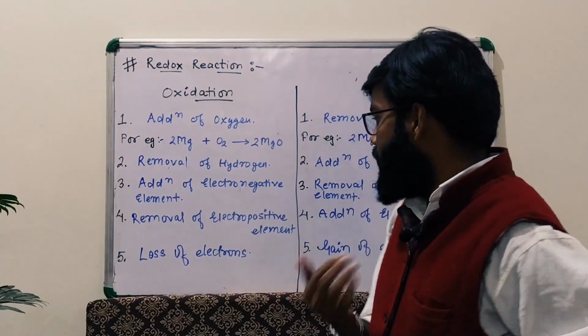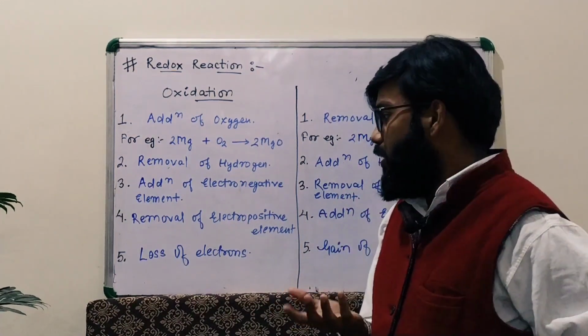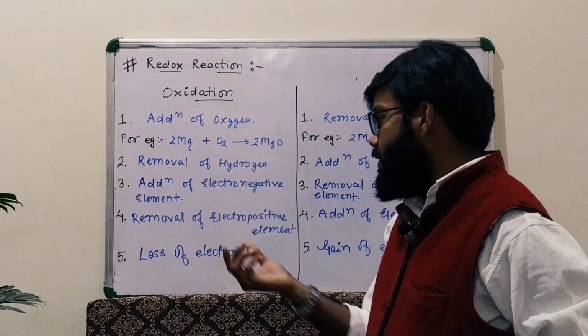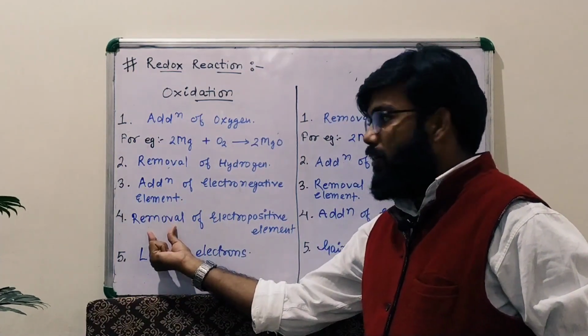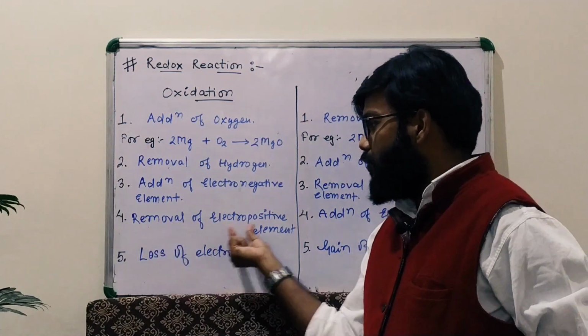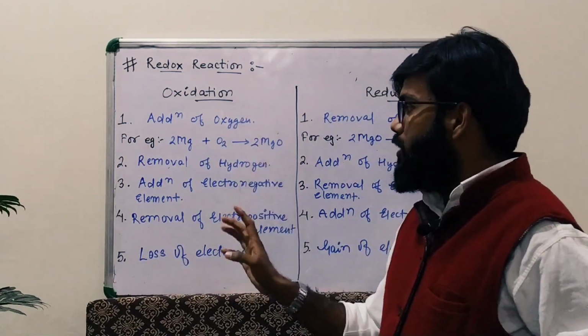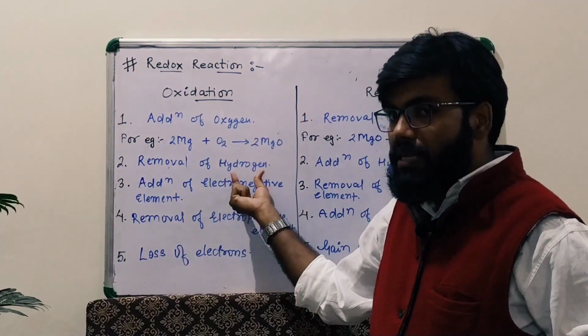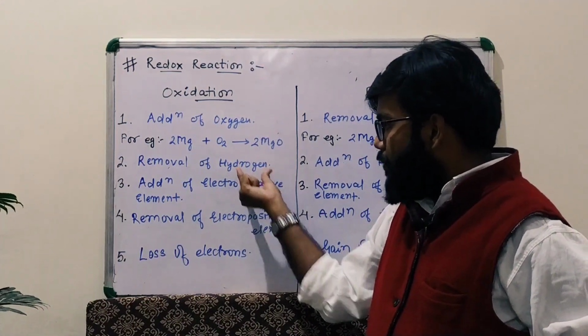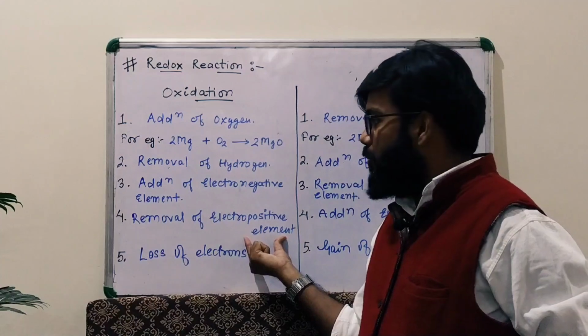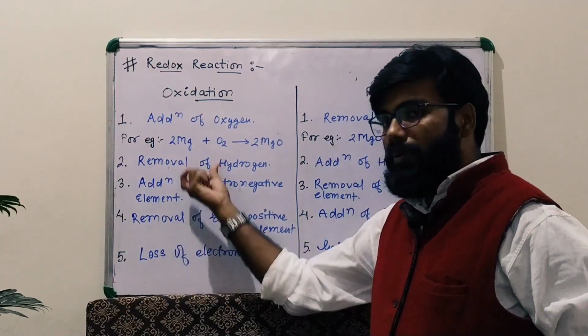The definition was also given in terms of electropositive elements. In electropositive elements, in place of addition, add removal. Removal of electropositive element takes place in oxidation. We know that hydrogen is an electropositive element. So in place of hydrogen, simply write electropositive element, and all will be the same.